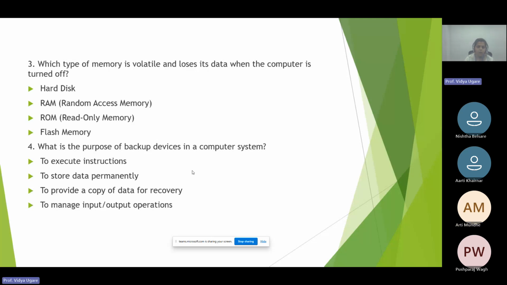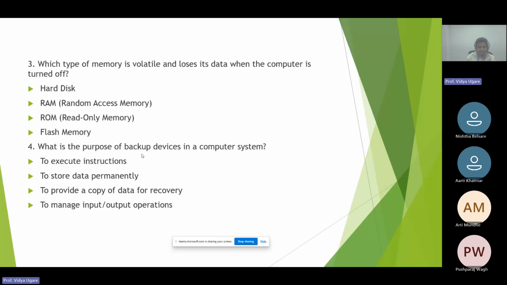Exactly, because this is also right only: we use backup devices to store the data permanently, but not just that, because it should give me a copy of data if it is accidentally deleted, or someone has deleted it, or someone has hacked it. In that case I should be able to take the copy of it. You should be able to recover it.